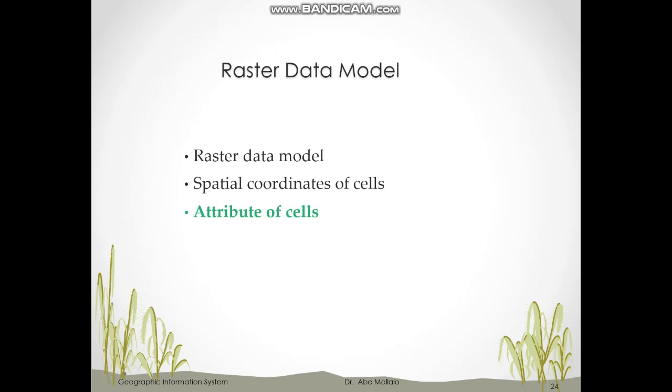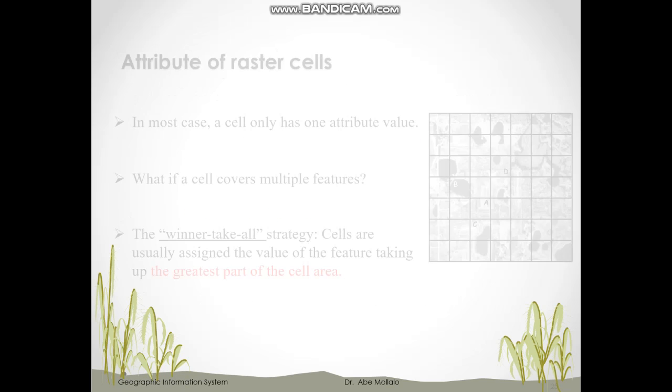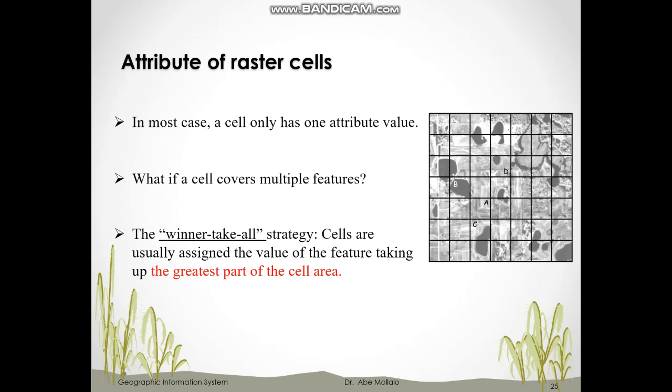Let's look at the attributes of a cell. As we know, each cell can only have a single value as the attribute of the cell in the raster data model. So what if a cell covers multiple features? For example, in this picture, let's look at cell B. This cell actually covers two types of geographic features.